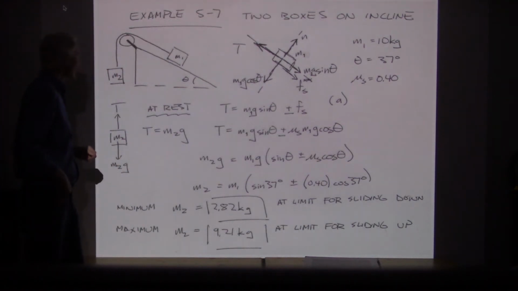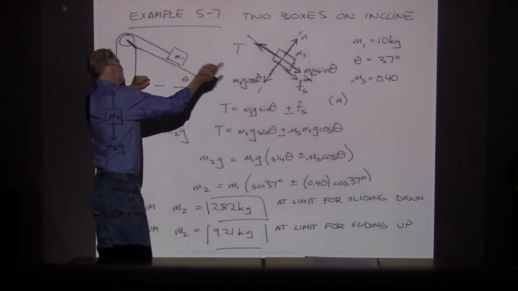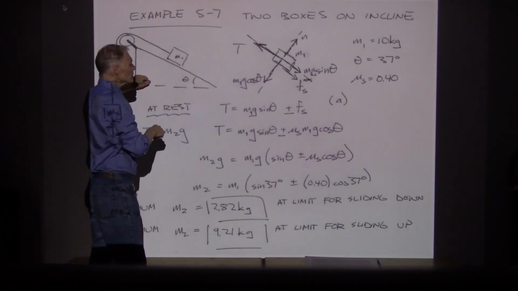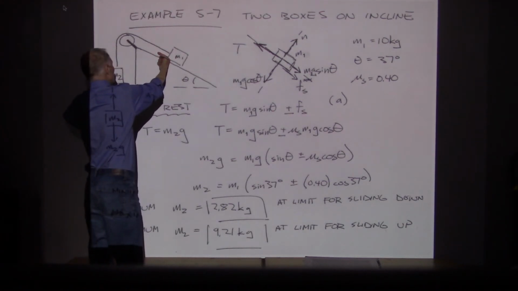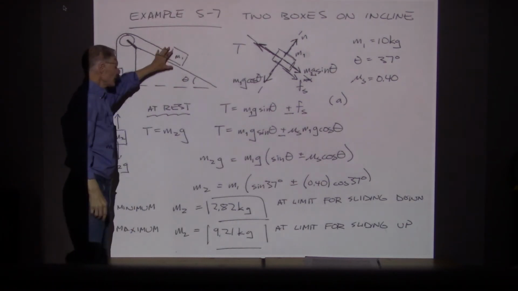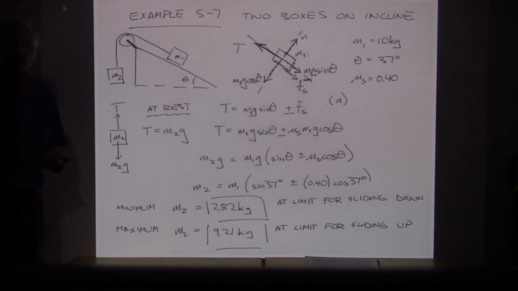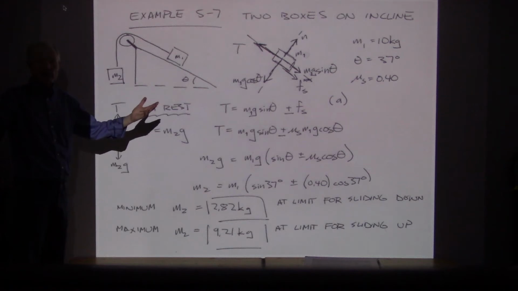Now for the case where M2 is really low and the frictional force needs to be in this direction, preventing it from sliding, M2 could be as low as 2.82 kilograms. Now, if the mass of M2 drops below 2.82, what happens?